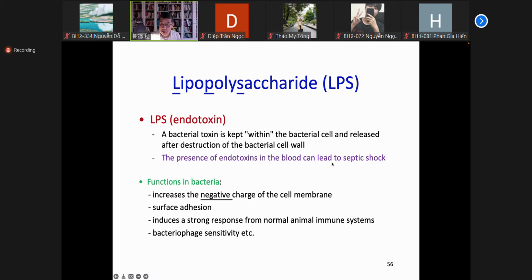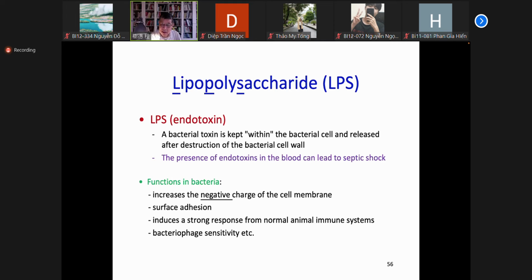It causes septic shock, or bacterial shock. Bacterial shock means that the bacteria gets into the bloodstream, and then the lipopolysaccharide is released. And this lipopolysaccharide is a very strong stimulator of the immune response.